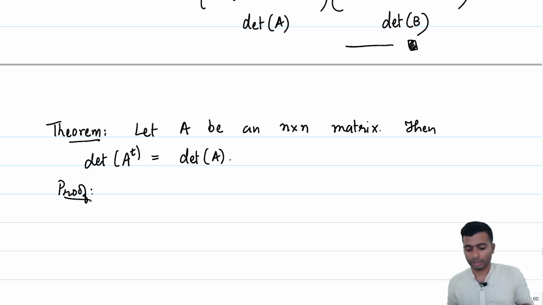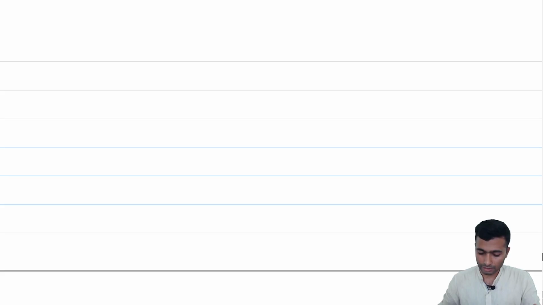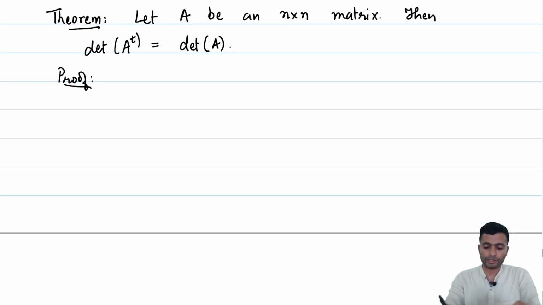The first is when A is not invertible. I will leave that as an exercise. I will just make the following observation. If A is not invertible, then LA is also not invertible, LA transpose will also be not invertible, and therefore determinant of A and determinant of A transpose both will be equal to 0.